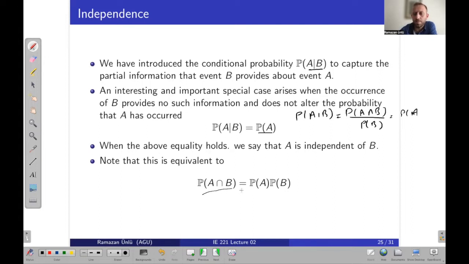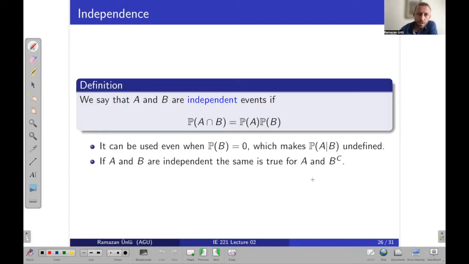Probability of A intersect B is equal to probability of A times probability of B. So finally, we can say that A and B are independent events if the probability of their intersection is equal to the probability of A times the probability of B. So if the individual multiplication is equal to the intersection of those events, we can say that these events are independent.